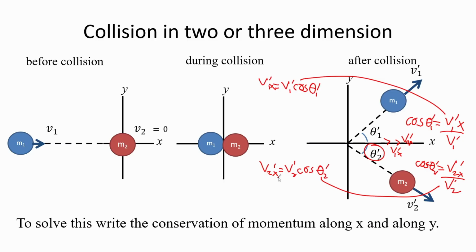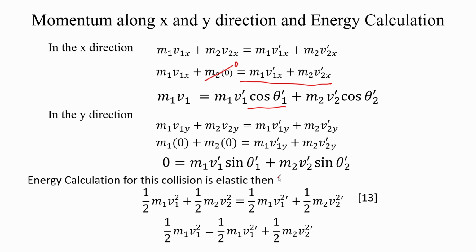So that is what happens here, class. Your v1x is v1 prime cosine theta 1 and your v2x prime is v2 prime cosine theta 2 prime. In the y direction, initially they only have motion along the x-axis, so it is 0, since it is at rest.